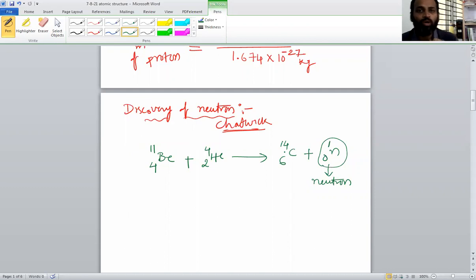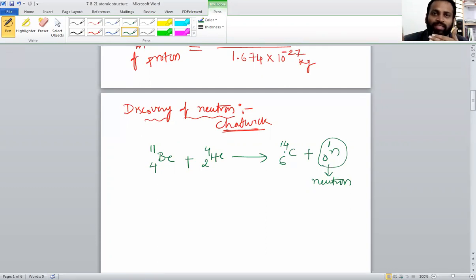So we have one more doubt, sir. How can we say that it is a neutral particle? How did we say the electron is a negative particle? Because if you keep some electric field, the cathode ray deflects towards the positive. That means the cathode ray consists of negative particles, because they move towards positive.